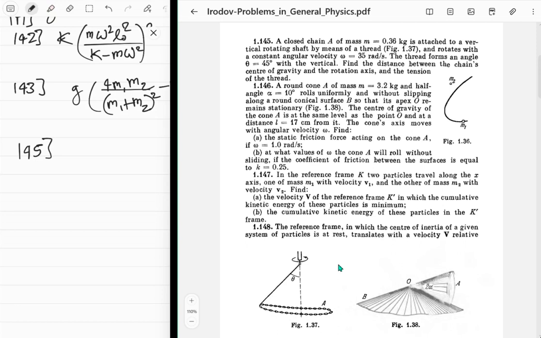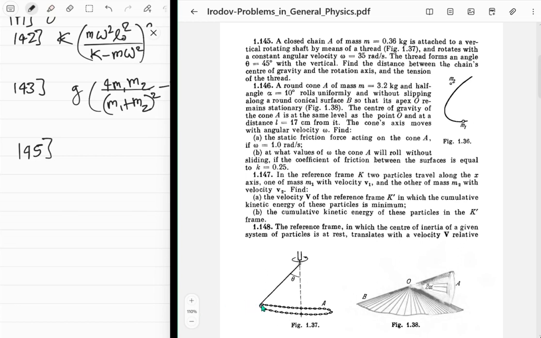So this is not easy, but maybe it's doable. Find the distance between the chain's center of gravity and the rotation axis. That's how this tension is doing this thing. And if this is in steady state, then it's not going down. So if this is a chain of mass m, this whole system's center of mass, its y coordinate, is not decreasing or anything.